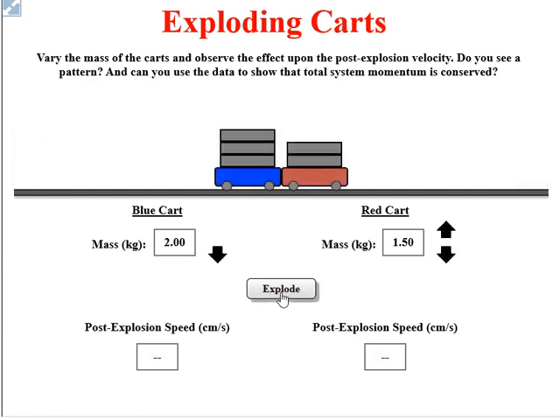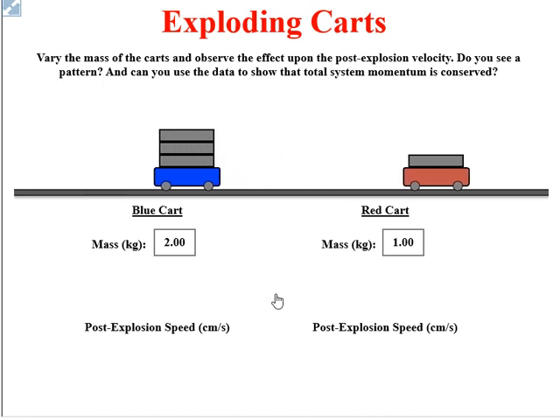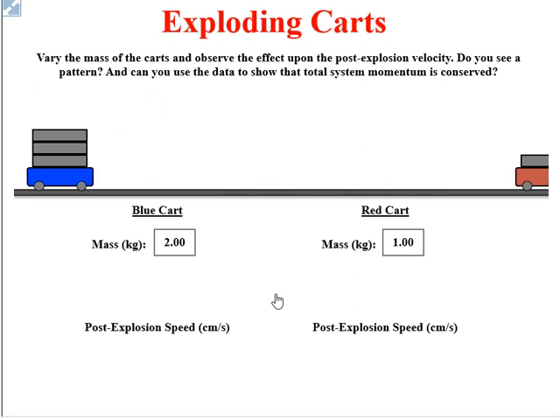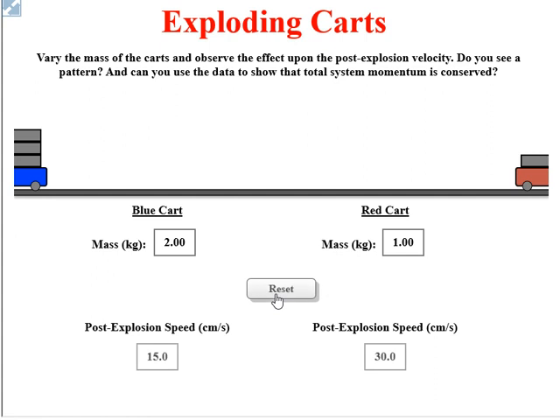Let's reset it. Do we get the same momentum each time? So I'm going to keep the blue cart as 2 and take the red cart down just to 1 kilogram now. We can see that they explode and the red one moves off much more quickly now than the blue one. How much more quickly?